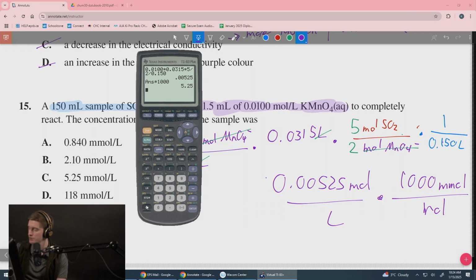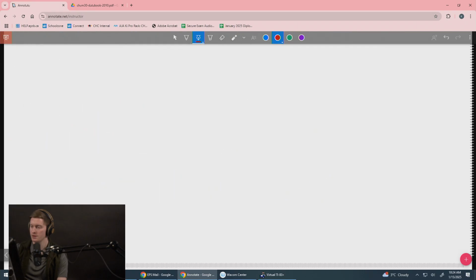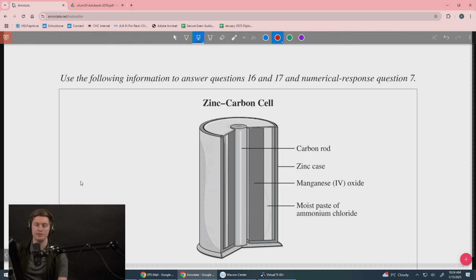That was my concentration of sulfur dioxide, which I should have written here. This was sulfur dioxide. Moles of sulfur dioxide per liter. That's the answer to question 15, C. I'm going to stop the video there, and in the next video, we'll work through our cell-based questions for redox.